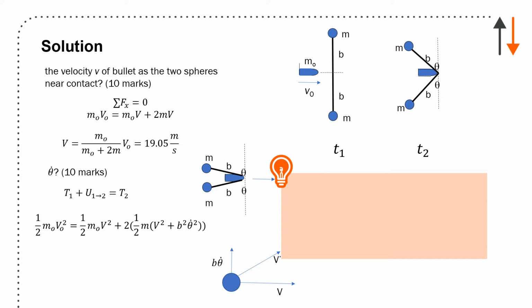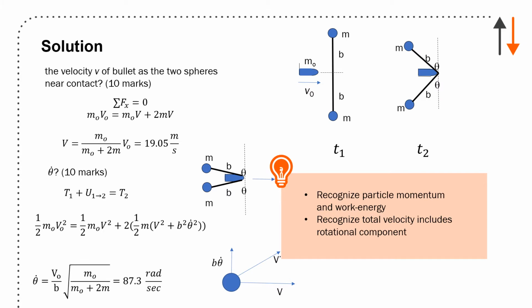So the initial kinetic energy is all linear, 1/2 m0 v0 squared, equals 1/2 m0 v squared, which continues to be straight motion, plus the two spheres, which I've identified with the x's, which are going to have v squared plus b squared theta dot squared, and then close parentheses. There should be another parenthesis right there. And I can say theta dot equals v0 b square root of m0 over m0 plus 2m, equals 87.3 rads per second.